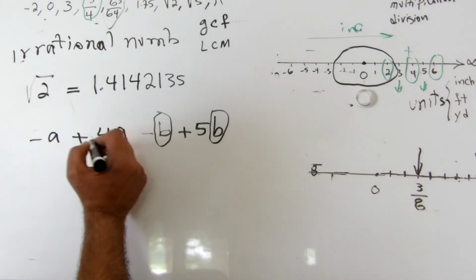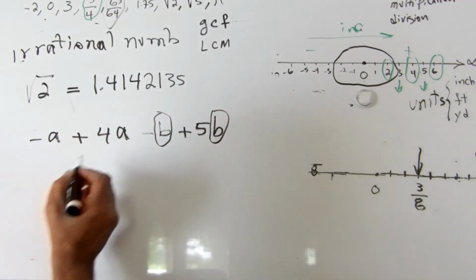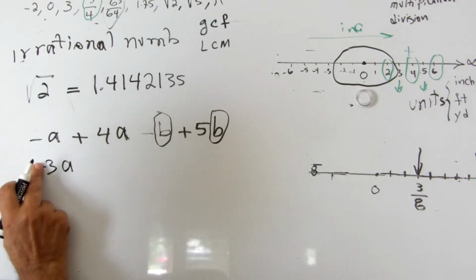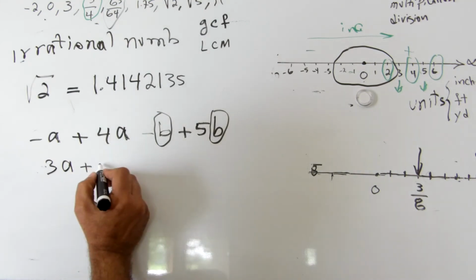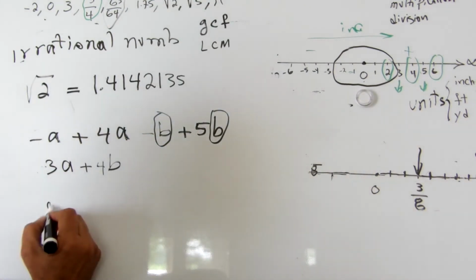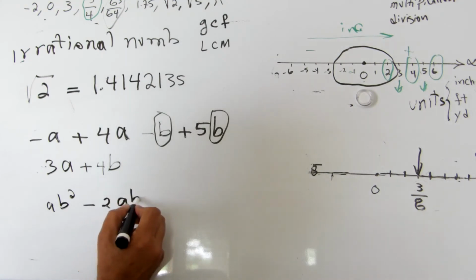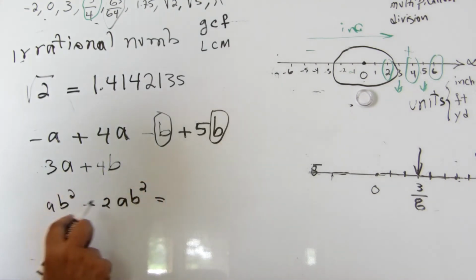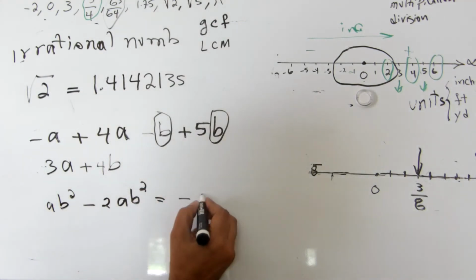The variable is a, okay, and this one is b. So when we add these together, it's going to be plus 3a, where we don't usually write the plus, and then plus 4b. We can add these together because all the variable part is the same, but the coefficient is minus 2 plus 1, which is equal to minus ab over 2.